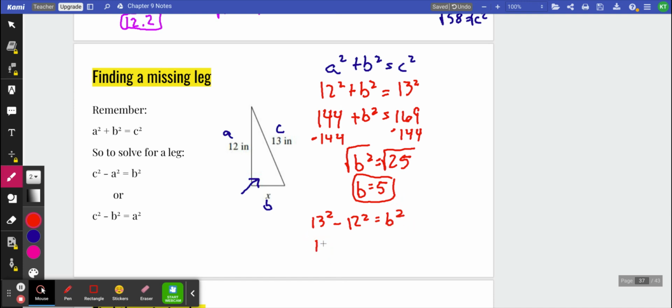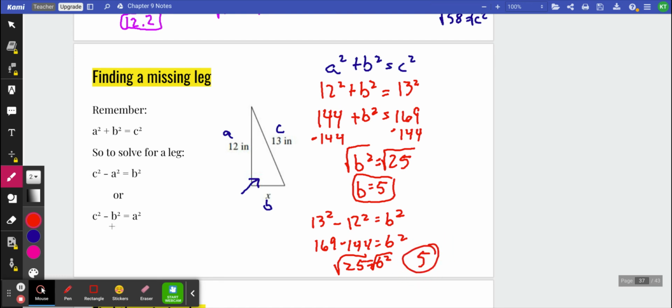So this would be 169 minus 144 equals b squared. Again, we get 25 equals b squared. When we square root, we still get 5, right?